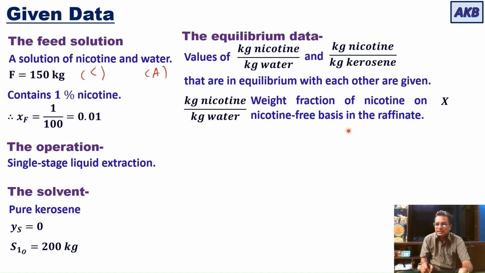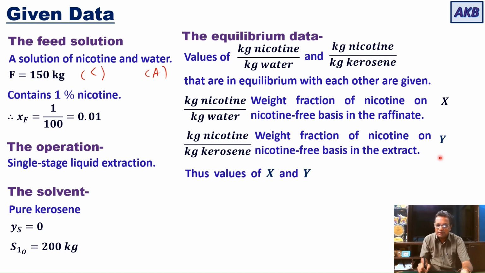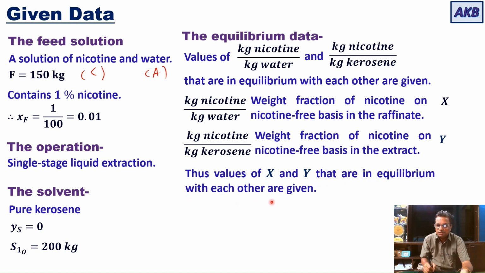So kg nicotine per kg water is nothing but capital X. I have discussed this in my earlier videos. Please watch those videos if you have not yet seen them. The other quantity is kg nicotine per kg kerosene, which is the weight fraction of nicotine on nicotine-free basis in the extract. And this is nothing but capital Y. So in other words, we have values of X and Y that are in equilibrium with each other.